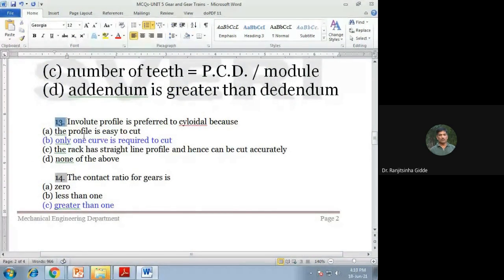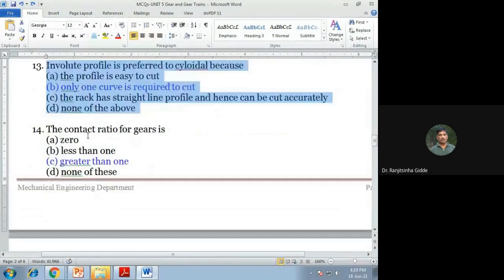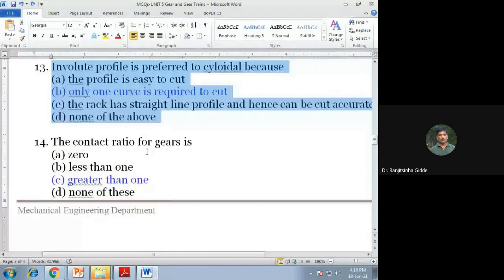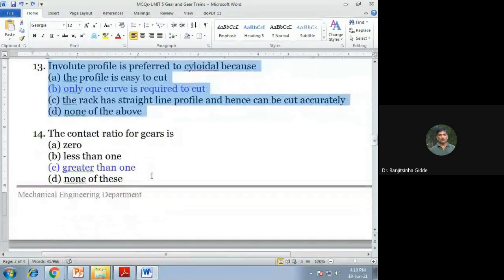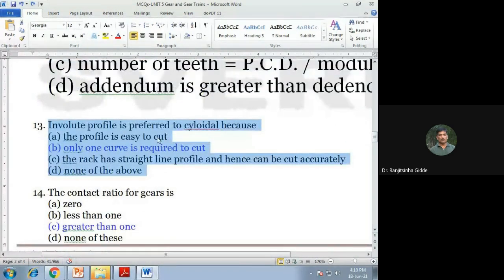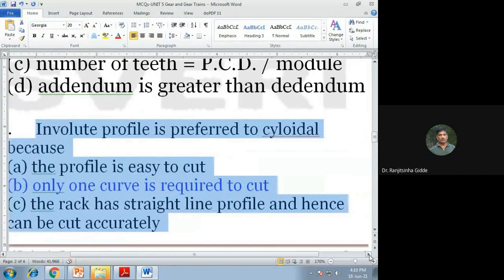This is one more MCQ regarding this involute profile. So involute profile is preferred. Why is it preferred?